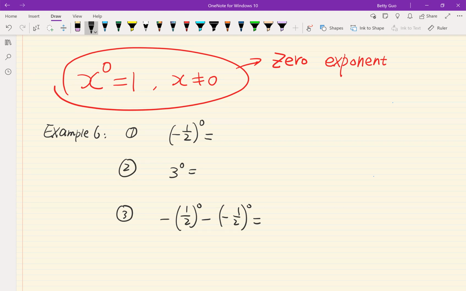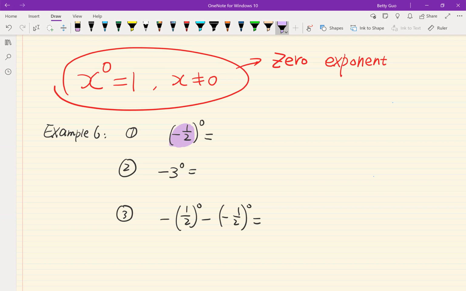So anyone have this value? No? Number 1. What is 0 power of -½? 0? No, it's not 0. The base is -½. The exponent is 0. The formula tells us any non-zero quantity raised to the power of 0 gives you what? 1.